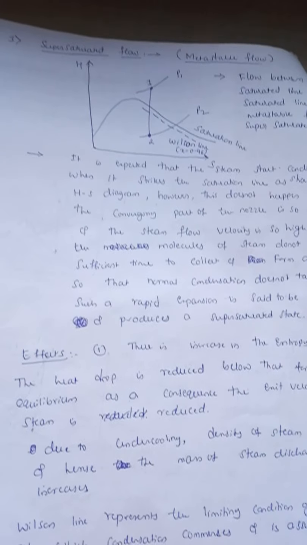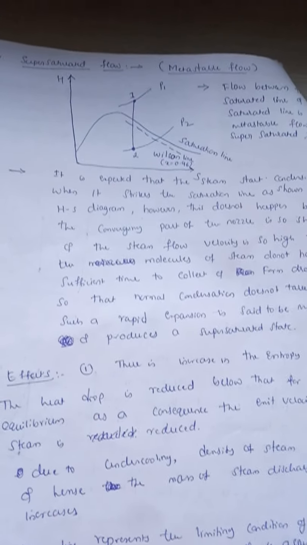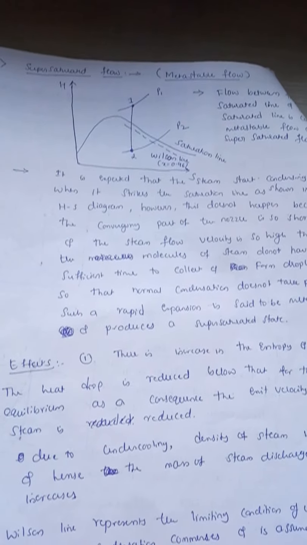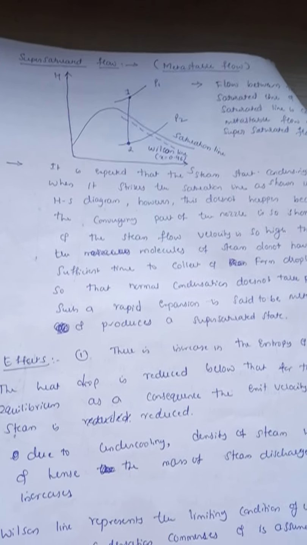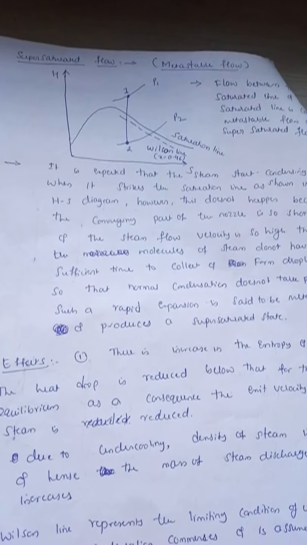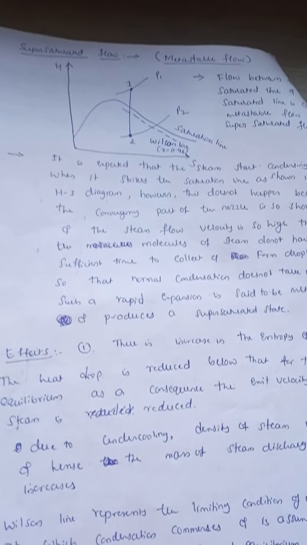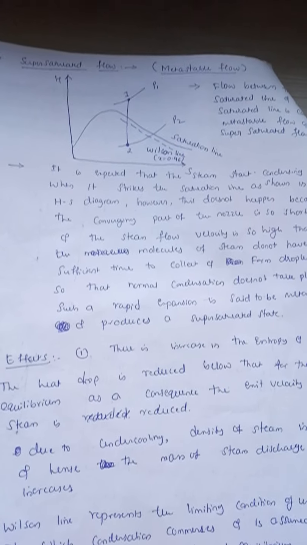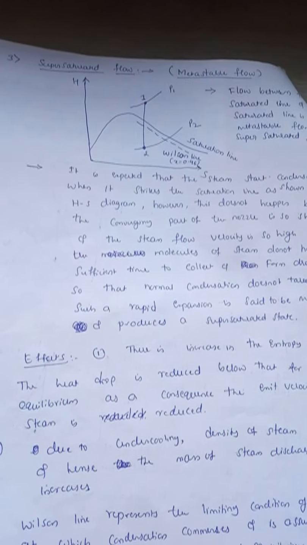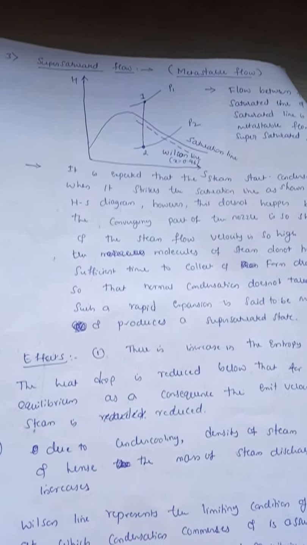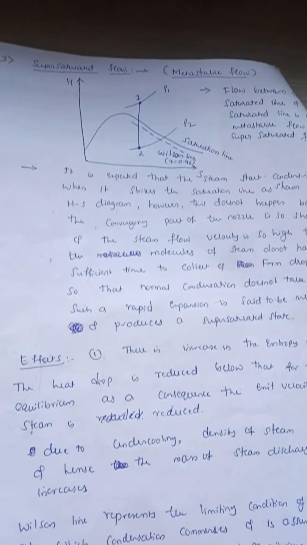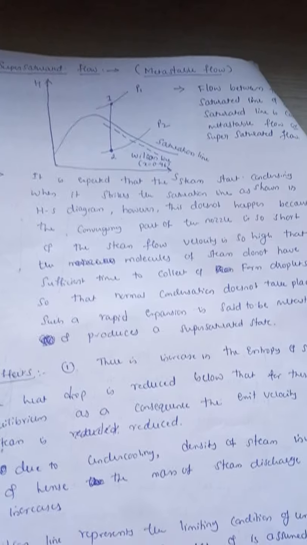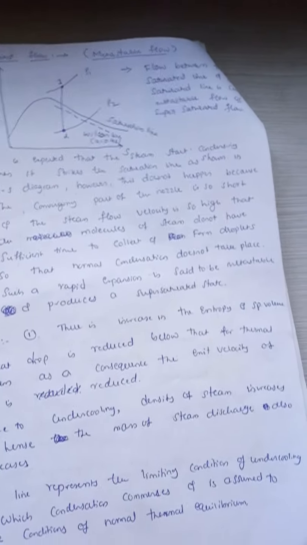This type of flow is called supersaturated flow or metastable flow. The main effects of supersaturated flow are that the entropy and specific volume of the steam increase, and the exit velocity of the steam reduces. Because of this problem, there is a reduction in the velocity of the steam. The dryness fraction increases, and for the same pressure limits, the enthalpy drop reduces. So these are the effects.